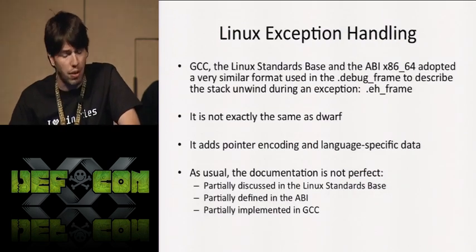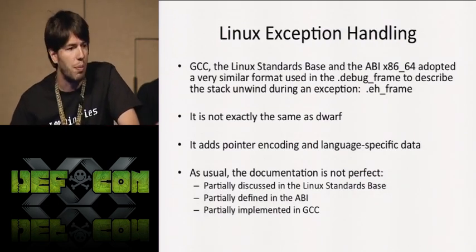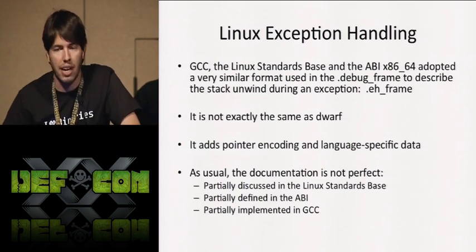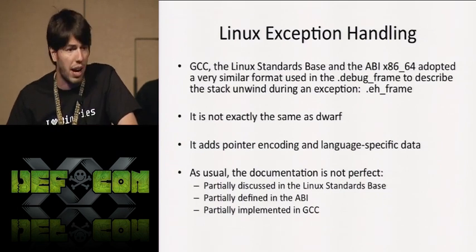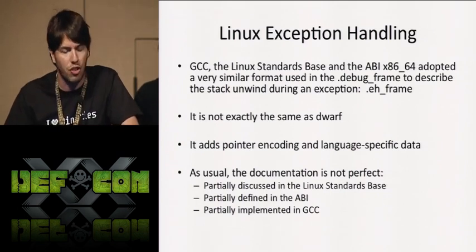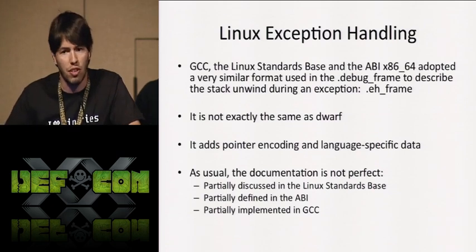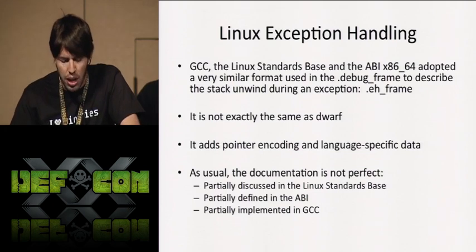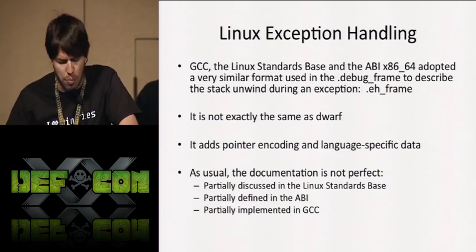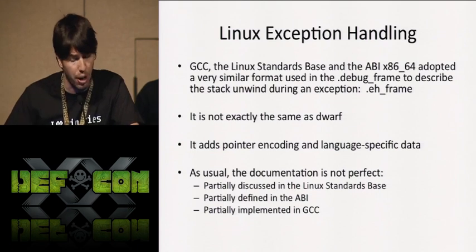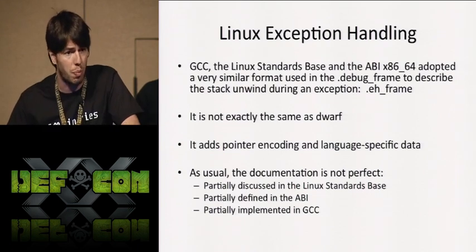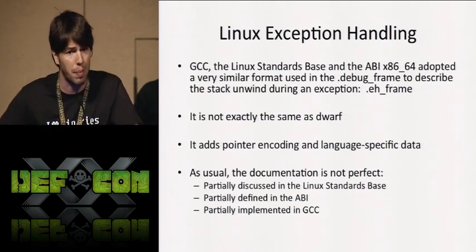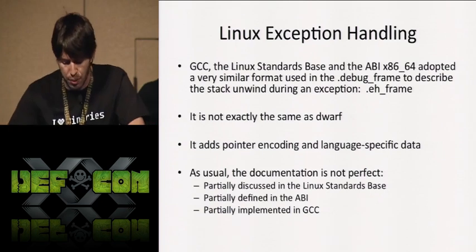The Linux exception handler is defined by three different documents. Basically, we have GCC itself, the implementation. We have the Linux Standard Base, which defines how this implementation is supposed to be, and the ABI itself. It's not exactly the same as Dwarf because they added some pointer encoding and some language-specific data, which is the GCC except table header.